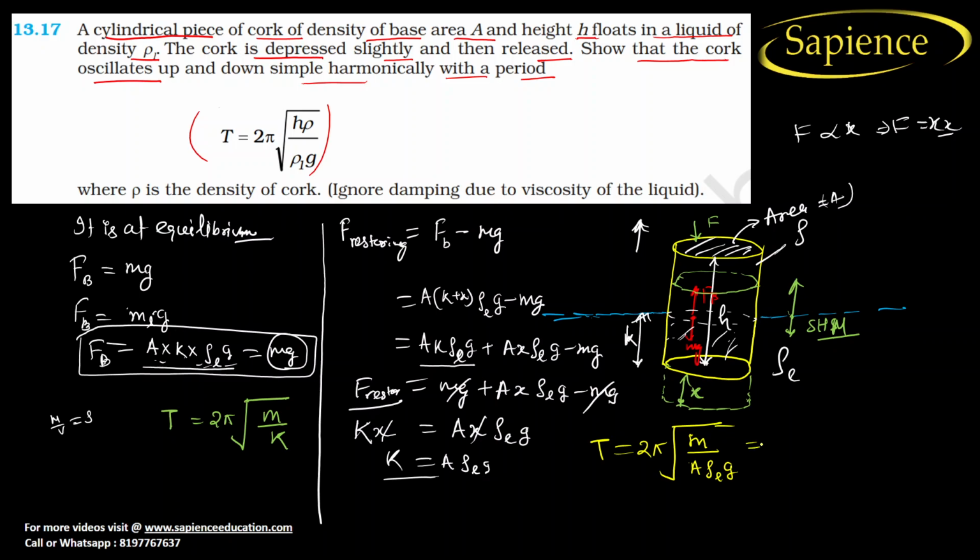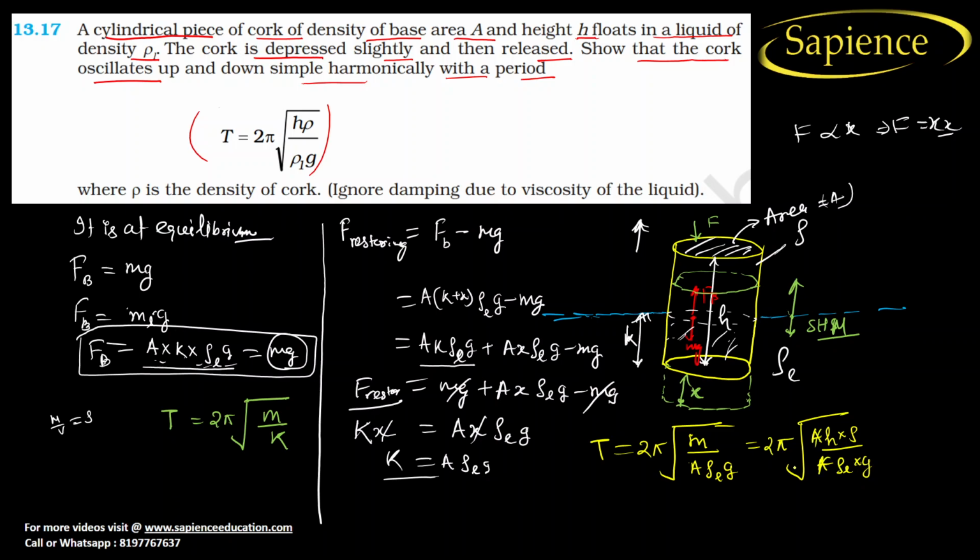Now the mass of this body can be written as volume into density. So volume is equal to area into height h, into density rho, divided by area into density of the liquid into g.